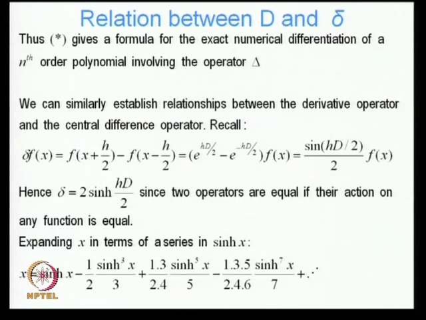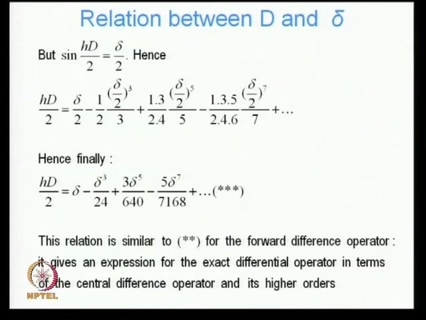But sine hyperbolic hD by 2 is equal to delta by 2, right. So, I can get a series for hD by 2 in terms of delta by 2, right. So, that is exactly this series.